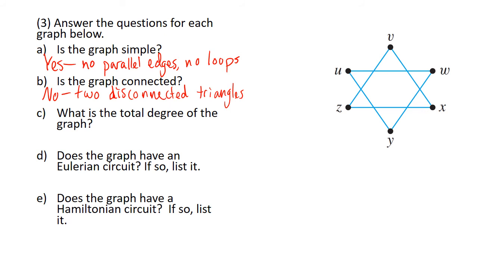What is the total degree of the graph? So I believe it's 6 vertices and they all have degree 2. So this is going to be 12. Does the graph have an Eulerian circuit? So the answer is going to be no, because it's disconnected. So you can't visit every edge along a single circuit because it's disconnected.